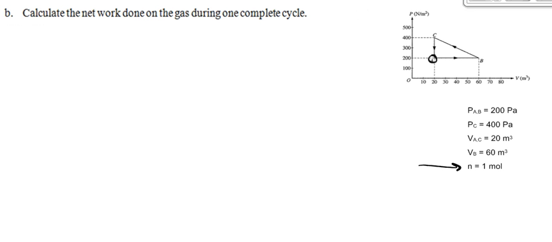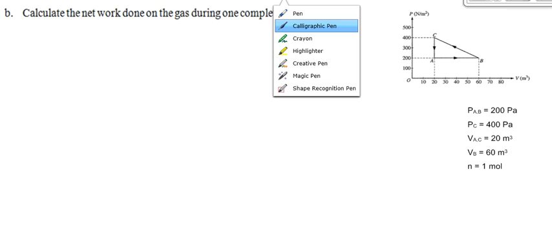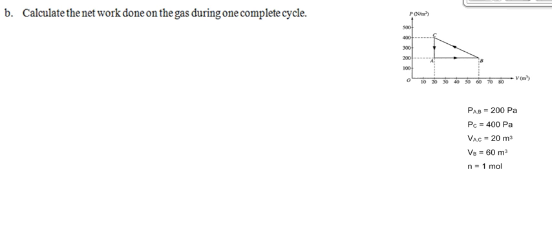All right, part B says calculate the net work done on the gas during one complete cycle. If you want to find the work done during a complete cycle, the easiest thing to do is find the area of this triangle, because the work is the area under the curve.